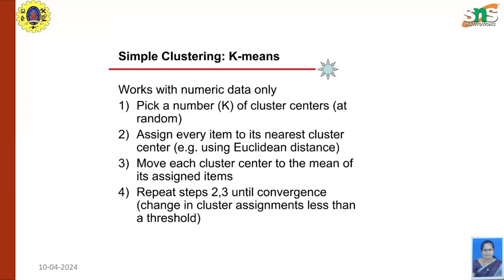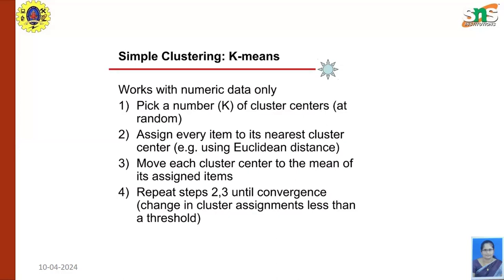Next we are going to apply the K-means algorithm for clustering. Here it will work with numerical data only. First, it will pick a number K. Then we randomly choose K objects as cluster centers, then identify the nearest cluster center using Euclidean distance.